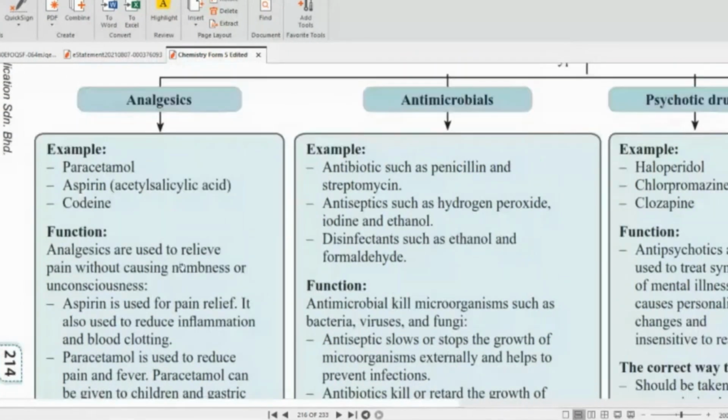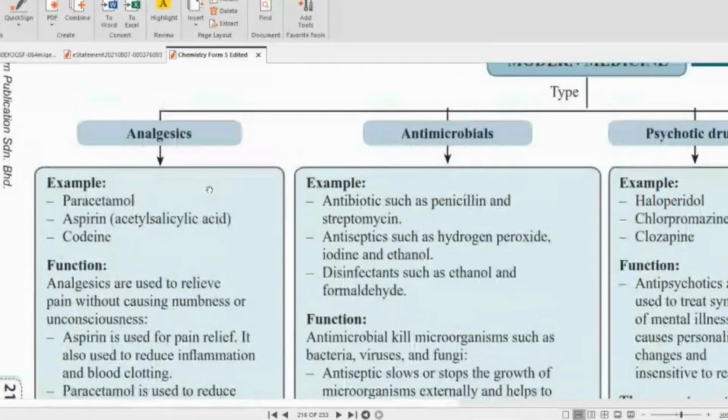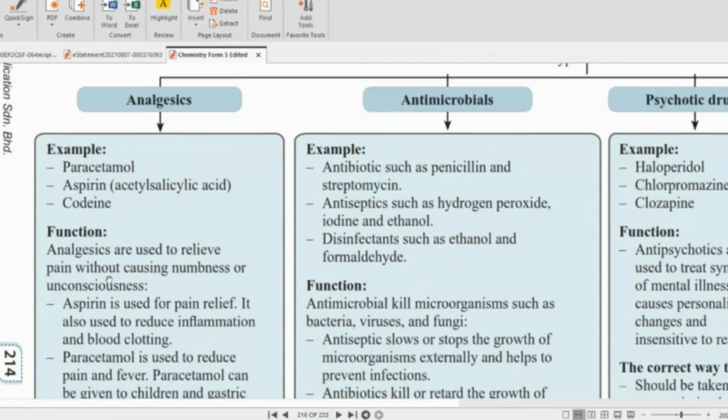First one, we look into analgesic. So examples like paracetamol, aspirin, codeine. So the first modern medicine here, this one is the most popular one now. It is used to relieve pain without causing numbness or unconsciousness.